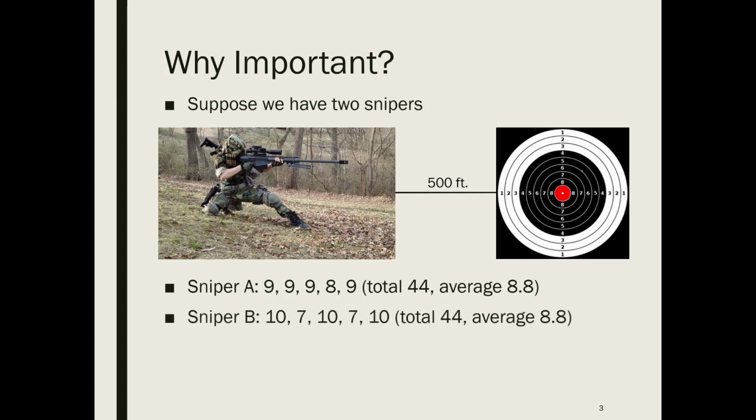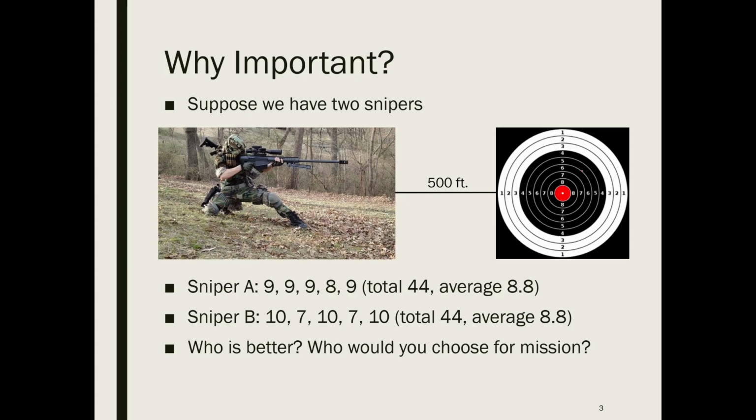Now, if we have another sniper who, when doing the training, got 10, 7, 10, 7, 10. So the total is still 44, just like sniper A. The average is the same, 8.8. Now the question is, who might be the better and who would you choose for the mission, right?